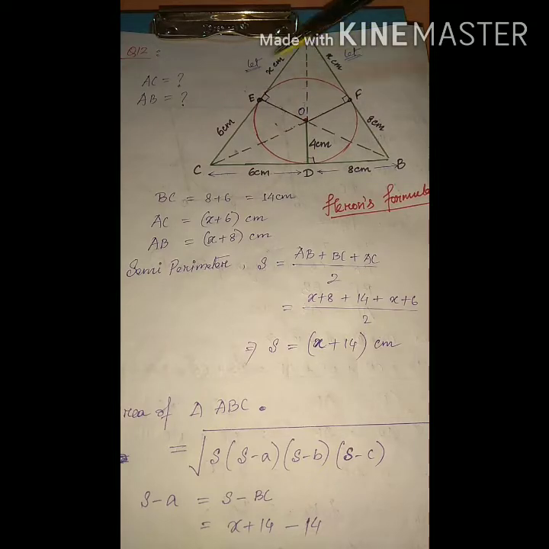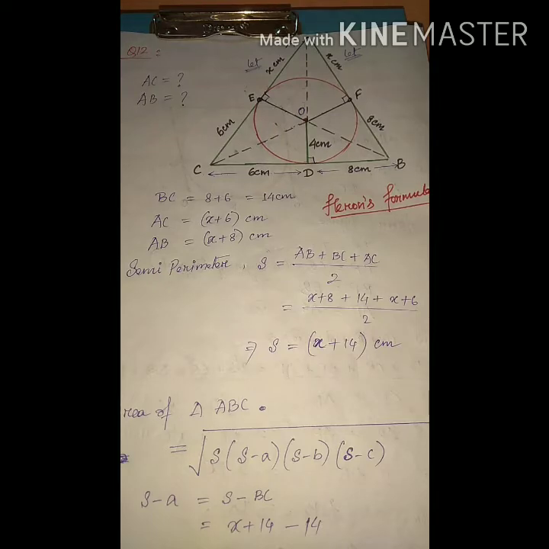So ultimately the length of AC equals X plus 6 centimeter, and the length of AB is X plus 8 centimeter. Our main task is to find the length of X, then our answer is complete, because we need the length of AC as well as AB. Here, with the help of Heron's formula, we have to solve this.